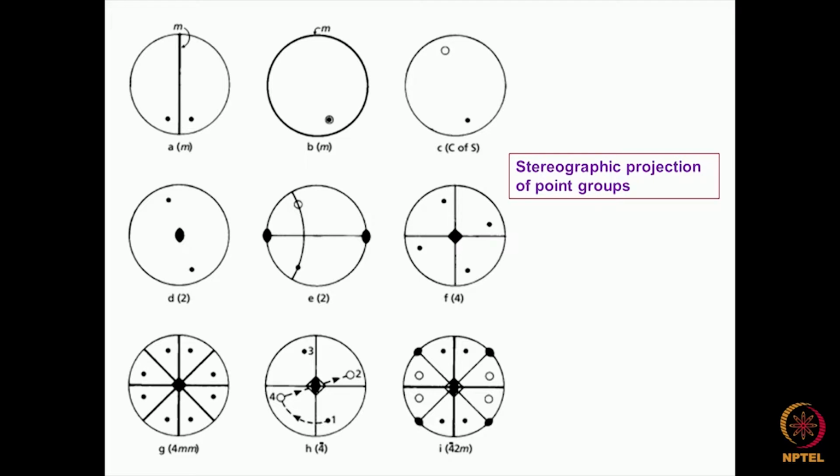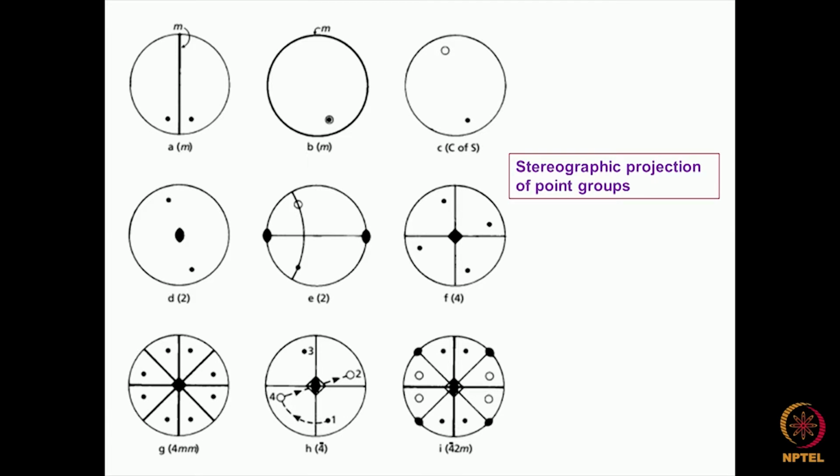The only thing which is important and which we should note is this: in this particular projection, if we consider any point on the sphere on the equator, where will it get projected? It will get projected onto the circumference of the equator, correct?